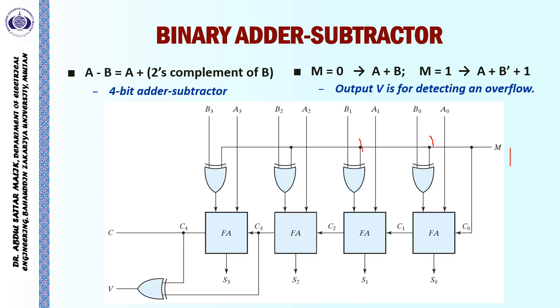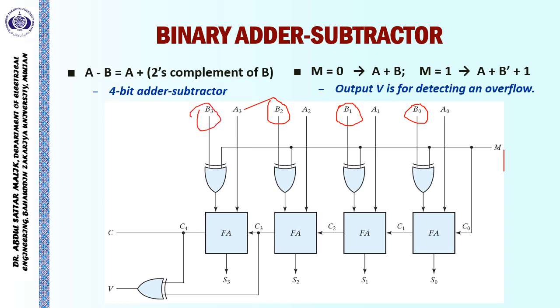Now when M is equal to 1, this M will be coming over here, over here, over here, over here, at the input of the exclusive OR gates. If B0 is equal to 0, then the result over here will be equal to 1, and if B0 is equal to 1, then the result over here will be equal to 0. It means when M is equal to 1, all the bits of the second number B are inverted.